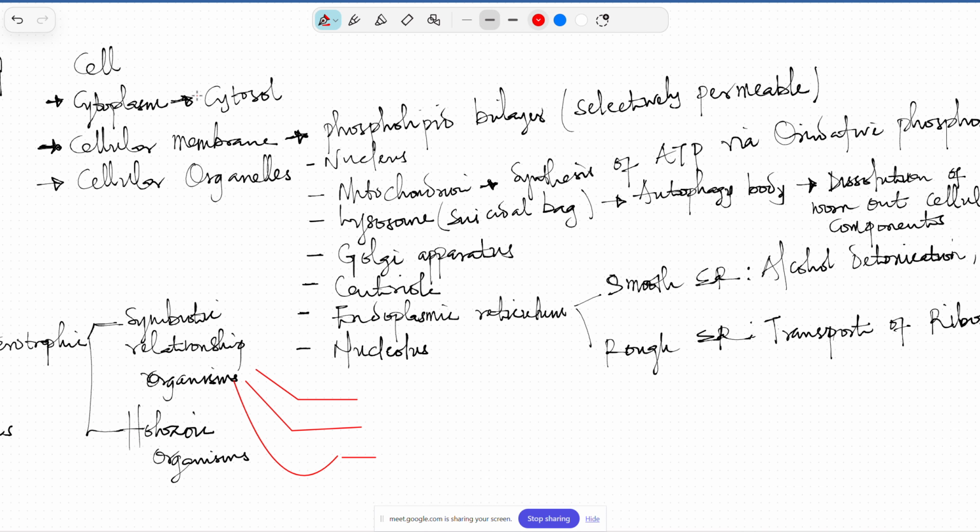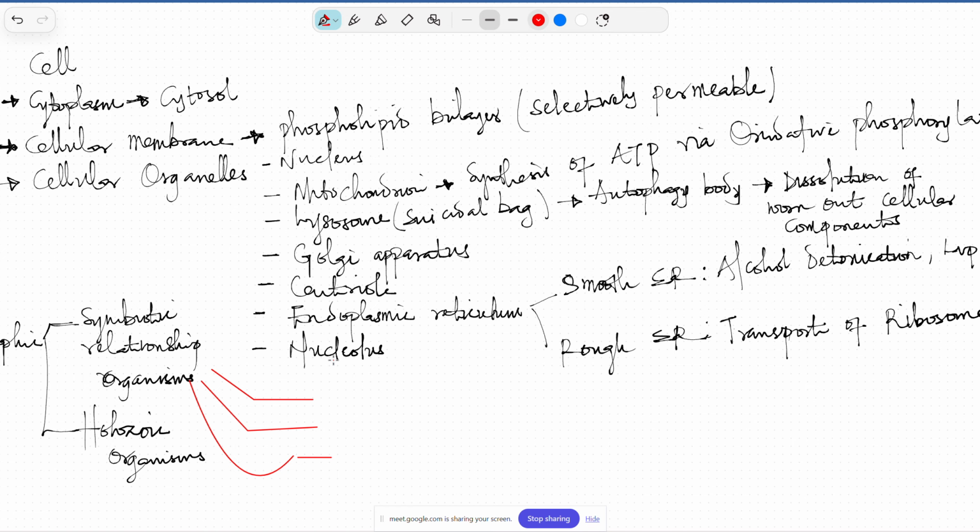So those in symbiotic relationship, we are going to talk about those that are able to both gain, only one gain while the other is unaffected.